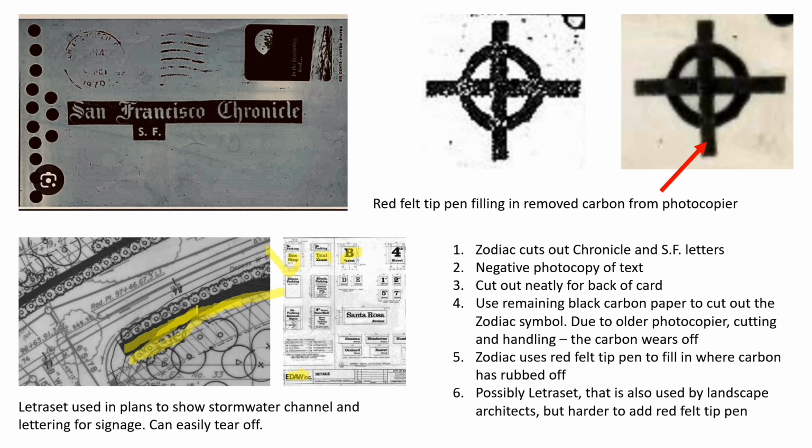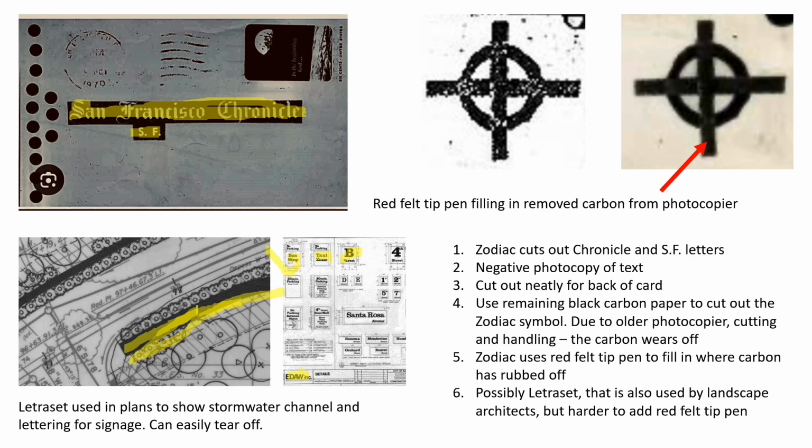One, he's already done it here, so he's had access to a photocopier, which could be in an office, design studio, or university campus late at night. He's printed it off in inverse, cut out this part to stick back onto the card, and then he's used some of the remainder of that black photocopy to cut out the circle and the bands.